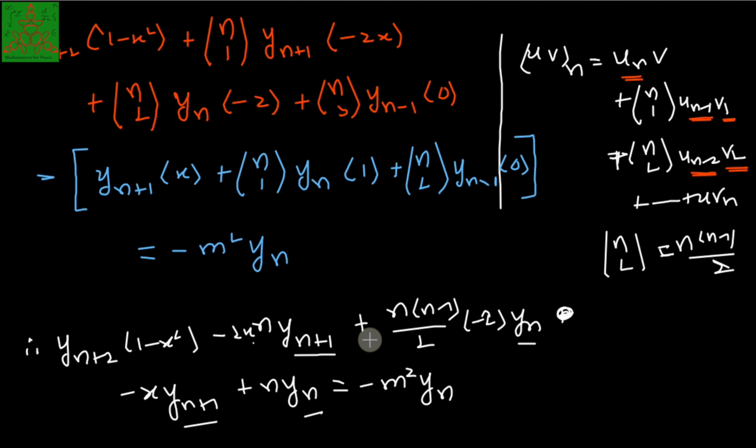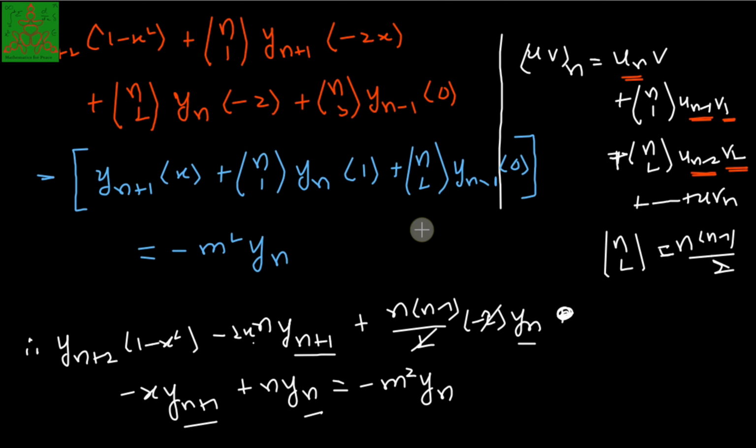Plus, here this 2 will get cancelled. So the quantity will come here, it is minus n square plus n square minus n, and the minus is common.